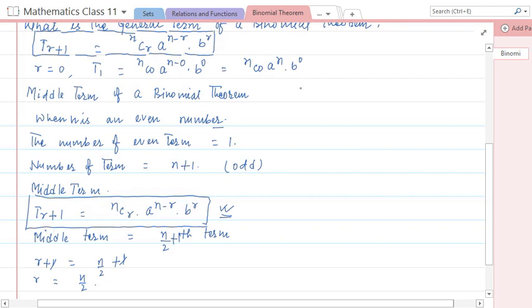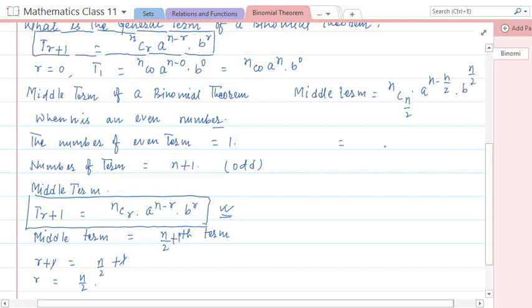So the middle term will be nC n by 2 and a to the power n minus n by 2 into b to the power n by 2.